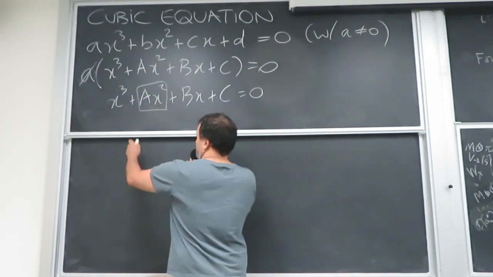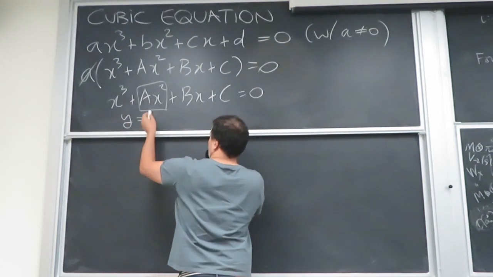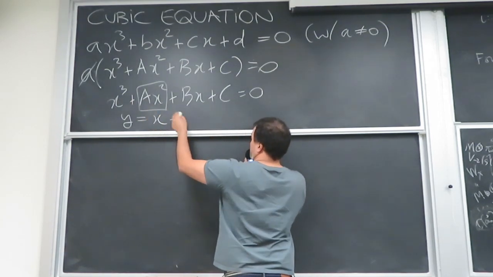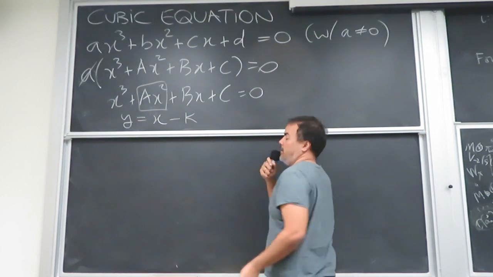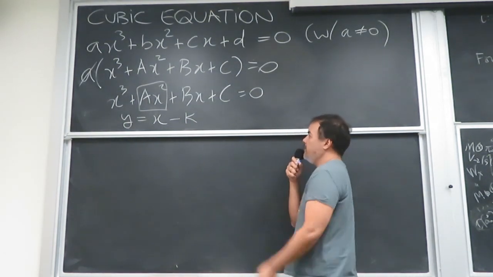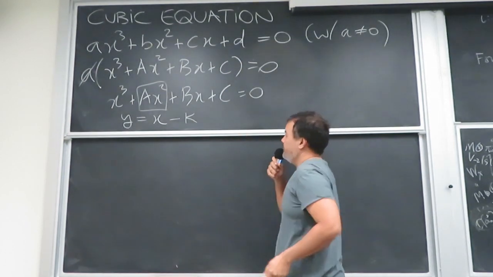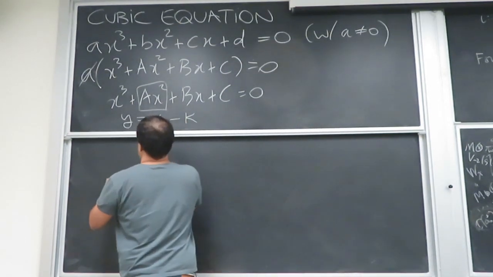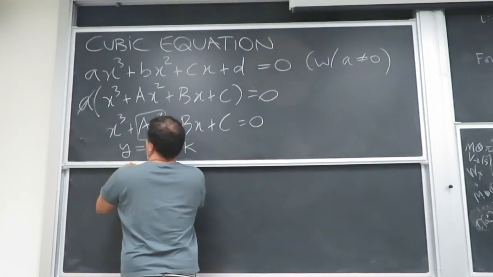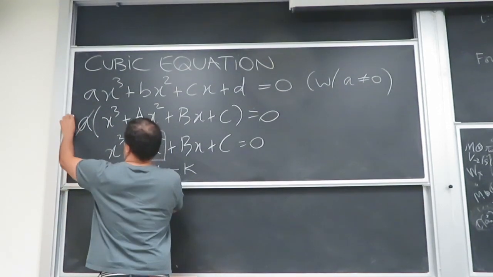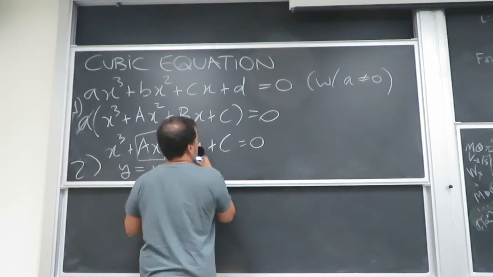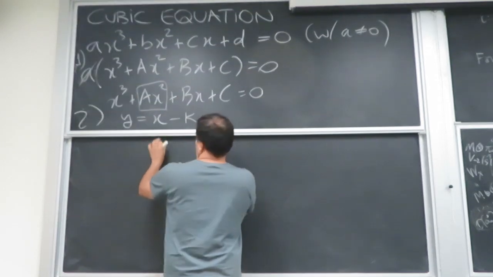For this, we just say, for example, that y is x minus something, and after this we can adjust this k in order to get rid of this part, right? So this was the first reduction, and this is the second reduction.